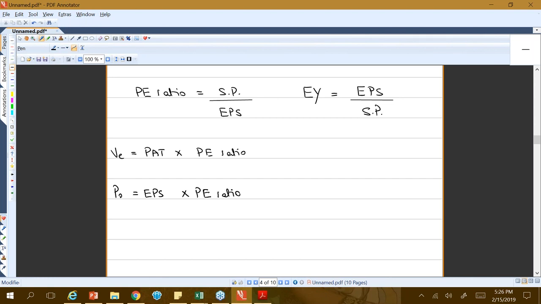Now, once we are using earnings yield, which is the inverse of PE ratio, we can't say that we'll multiply with this ratio. Then what we do is we say profit after tax divided by the earnings yield ratio. And to work out the P0, we say EPS divided by earnings yield. The answers to both of these calculations will be exactly the same.